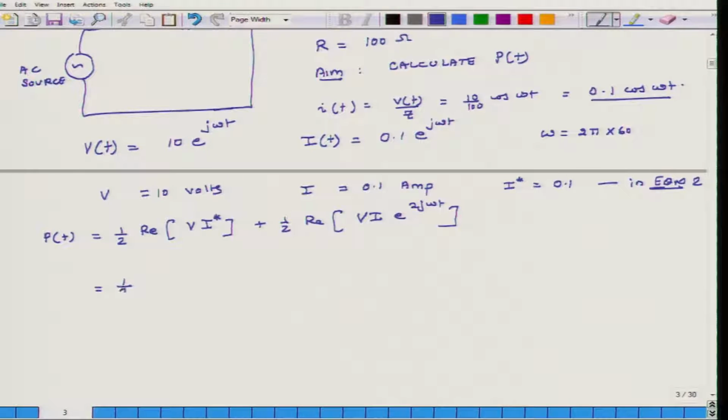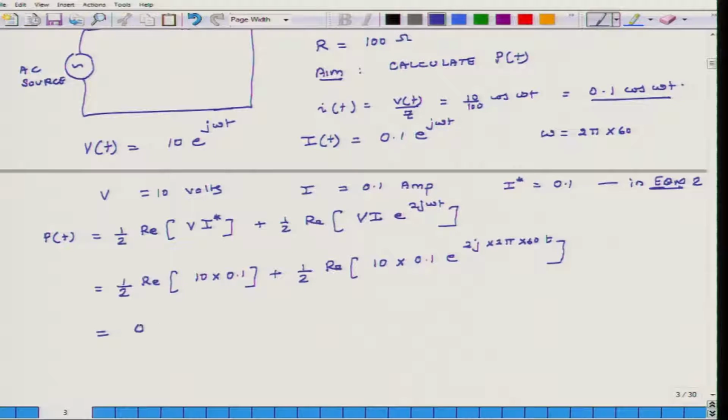So, this equals half of real of 10 into 0.1 plus half of real of 10 times 0.1 exponent 2 j into 2 pi into 60 t. Okay.